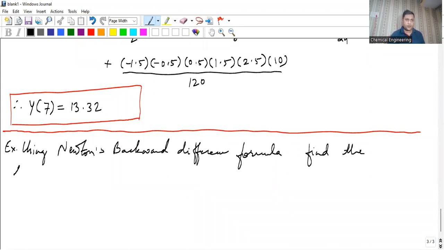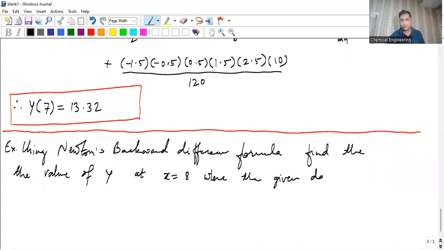Find the value of y at x is equal to 8, where the given data is as follows.